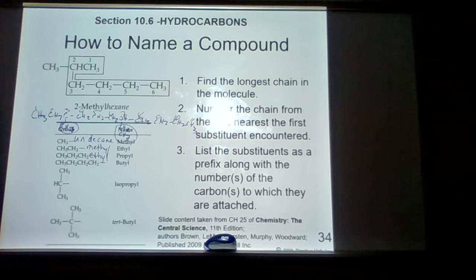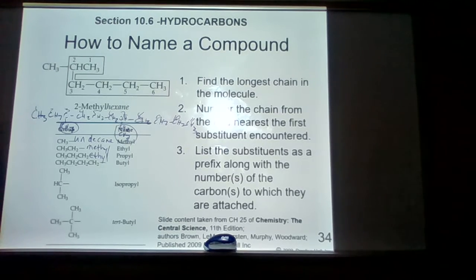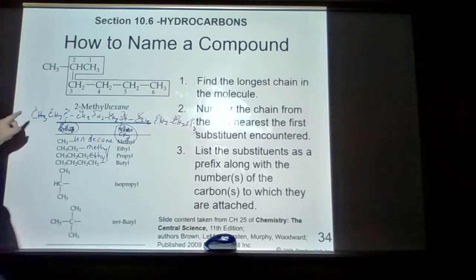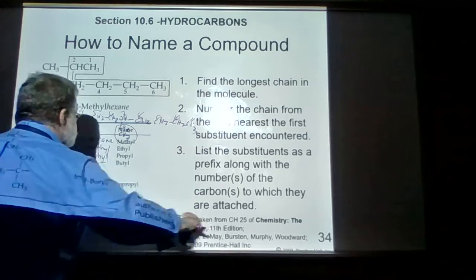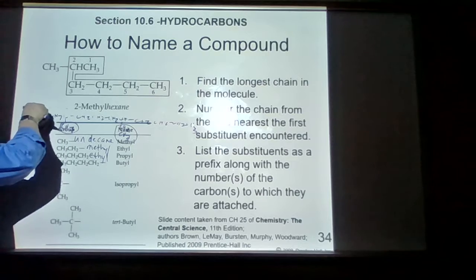We need to number the chain either left to right or right to left. All I said was that this chain, right to left, gives us the longest continuous unbroken carbon chain. They're numbered from 1 to 11, but I don't know if this is 1 and this is 11, or this is 1 and this should be 11. We're going to count from left to right and right to left to see which gives us the lowest numbering sequence possible. So let's erase this. These across the top here.